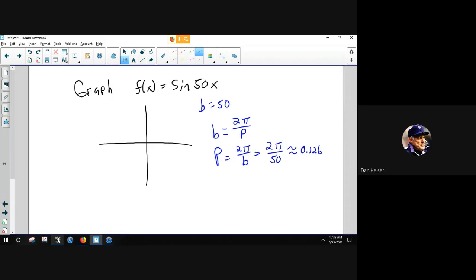That's a very, very small period. One entire cycle of this sine graph needs less than 13 hundredths of space on the x-axis. Now we can use that to help us find this graph.